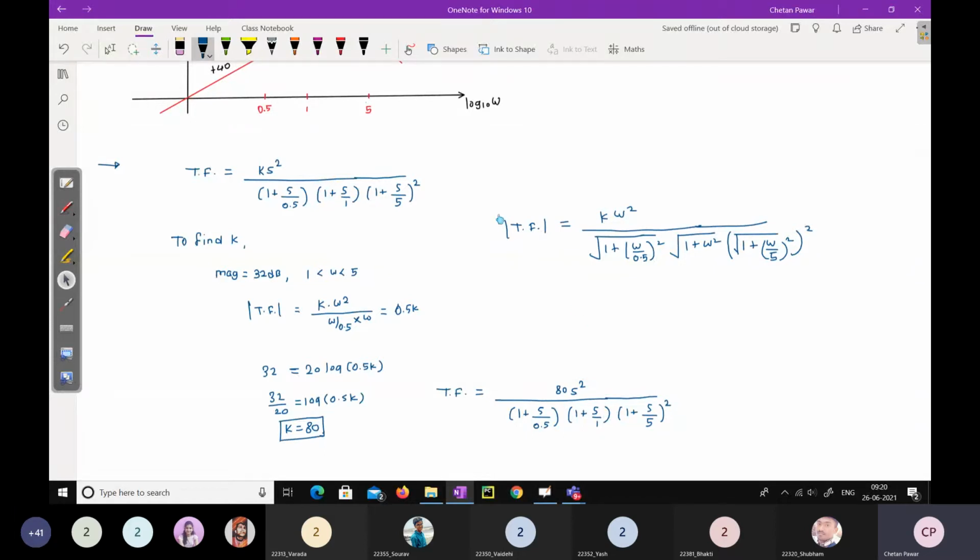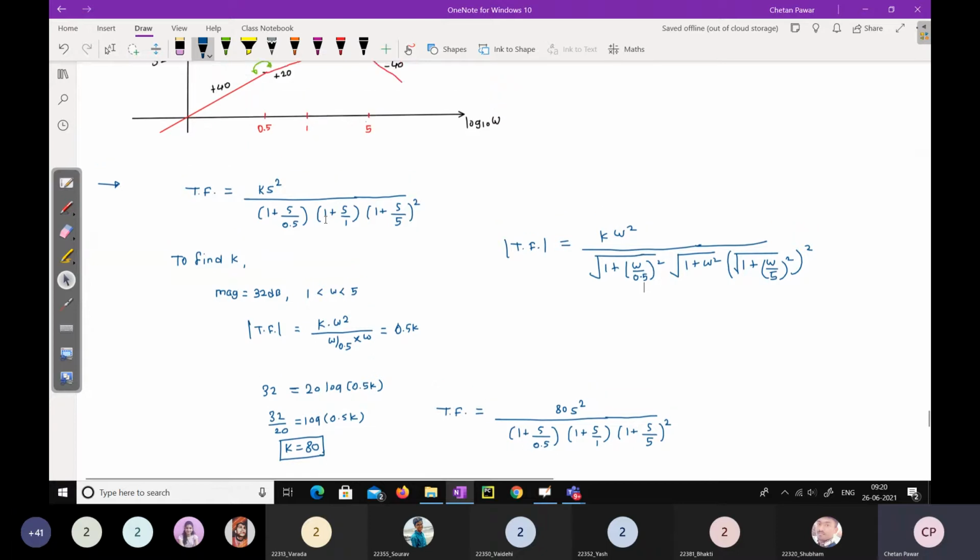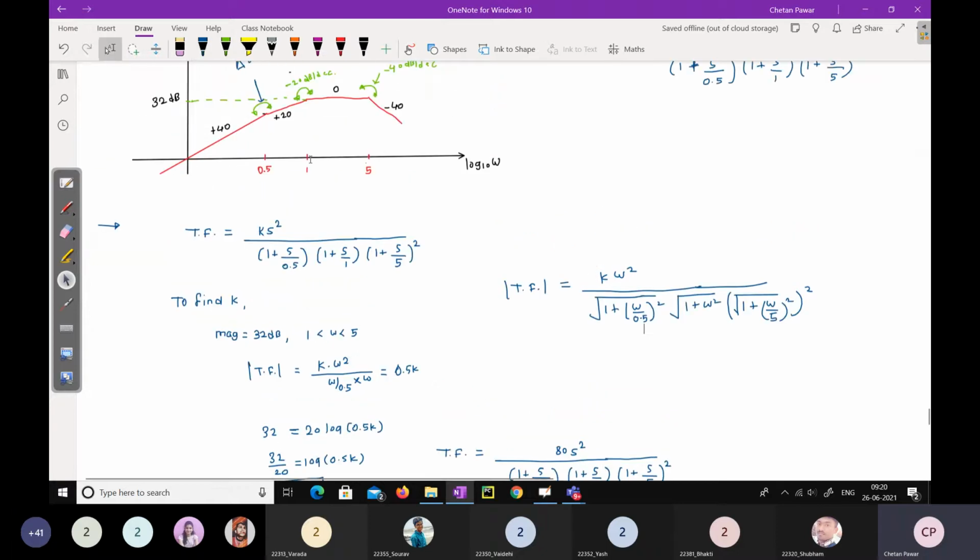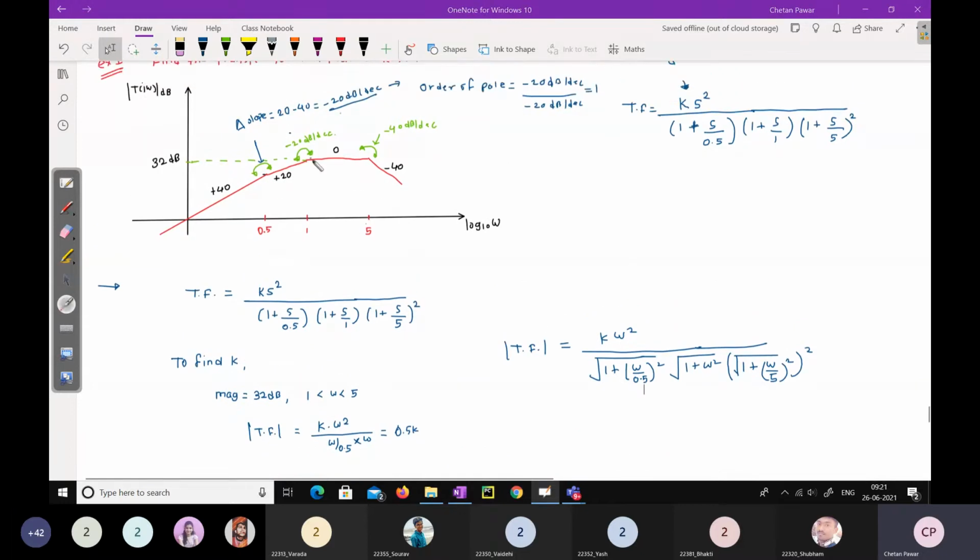Now I know that at omega equal to 1 the magnitude is 32 dB.